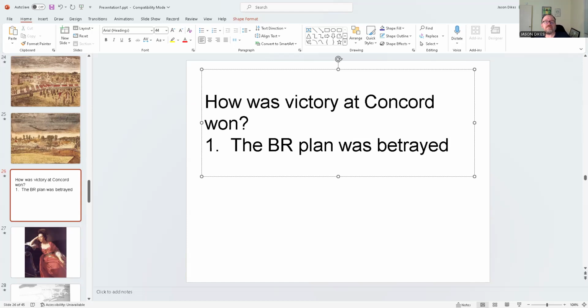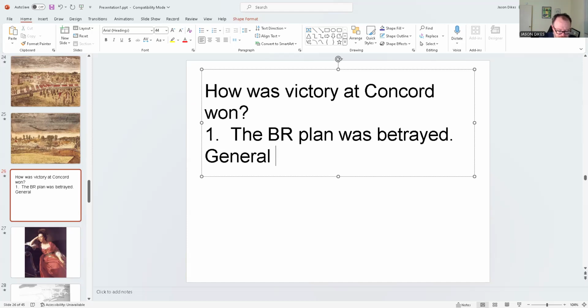The British plan to march out to Concord was not a very well-kept secret. There's no proof for this. The British general who came up with this was a guy named Thomas Gage. He was the one who had formulated these plans to march out and seize all this artillery and stuff like that.